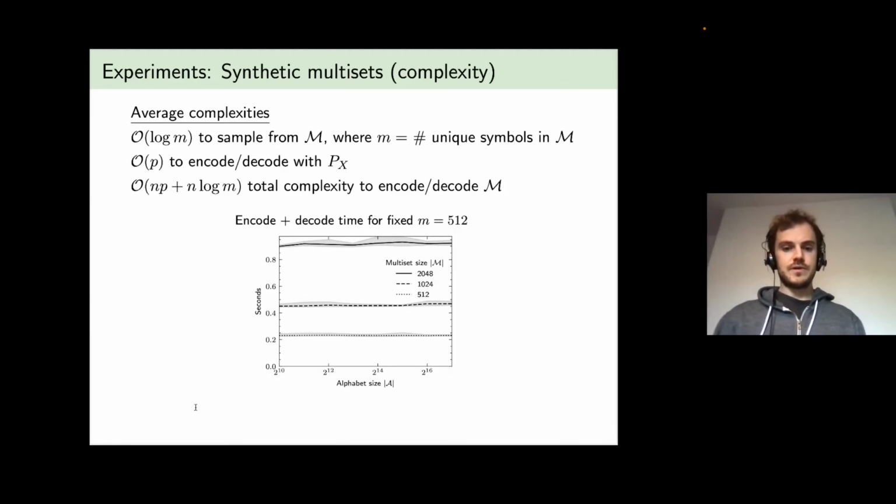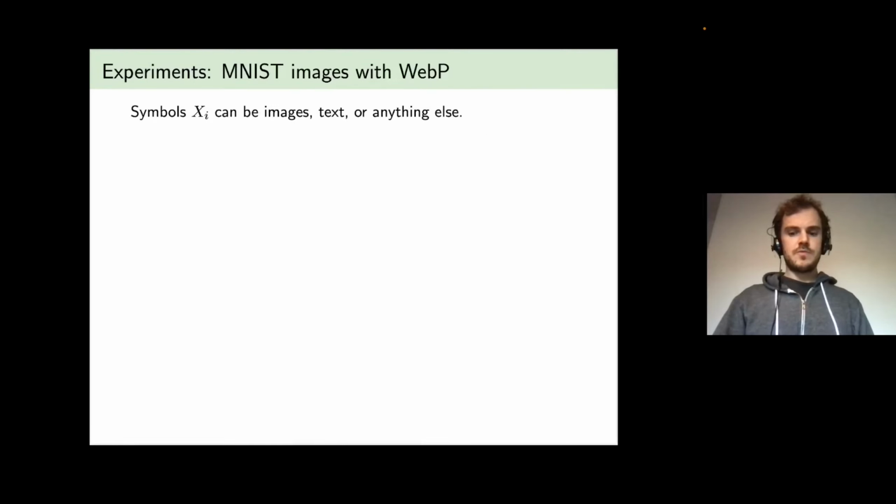And also that the compute time is roughly linear in n, the multiset size, which is what we'd expect. So that's nice.